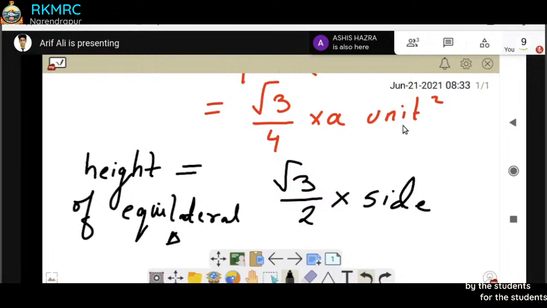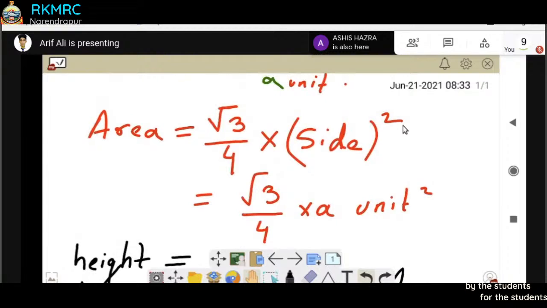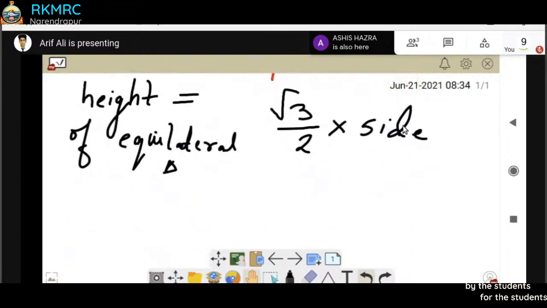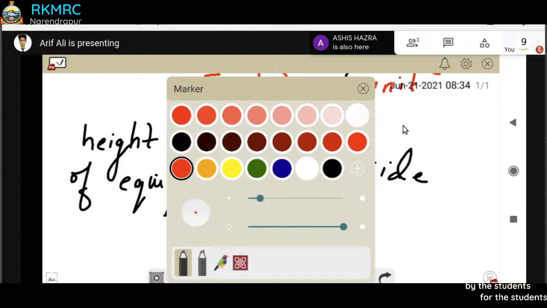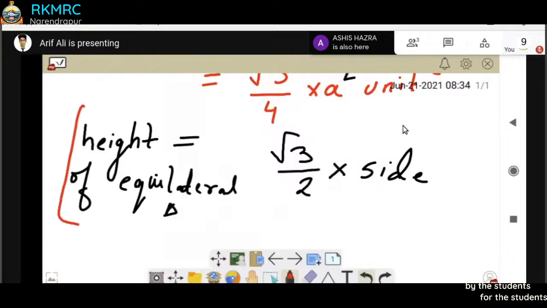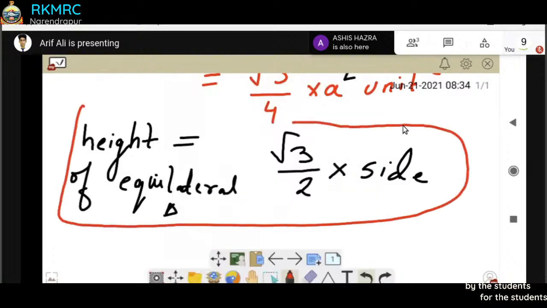Oh, we missed it, 1 square over here. We must write this is in square, side square, A square. And over here, this is your formula for height of equilateral triangle.